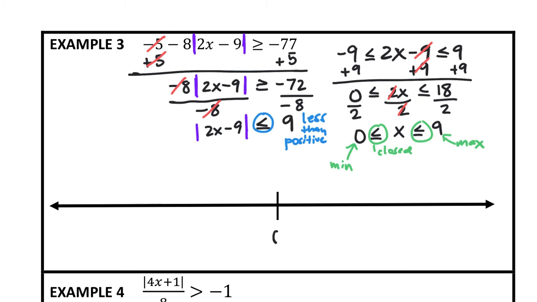So if 0 is right here, and then I have 1, 2, 3, 4, 5, 6. So let's say I go by 2: 2, 4, 6, 8, 10, 12. So 9 is right here.